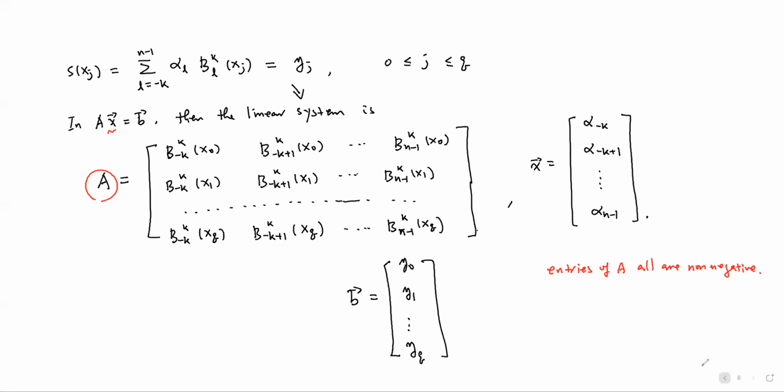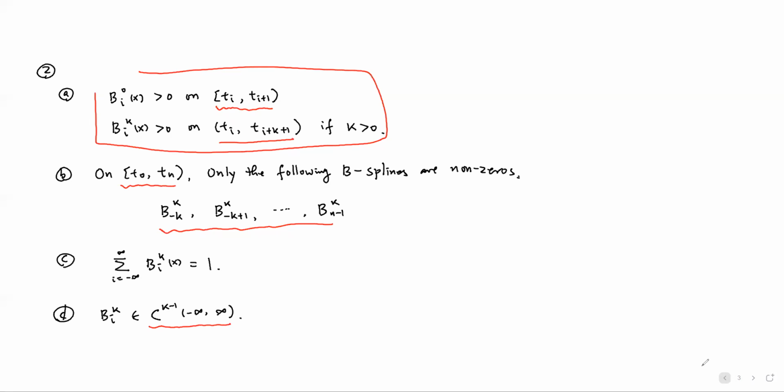And second, by property B and C. Property B says that when x is in this interval, only these functions are non-zero.